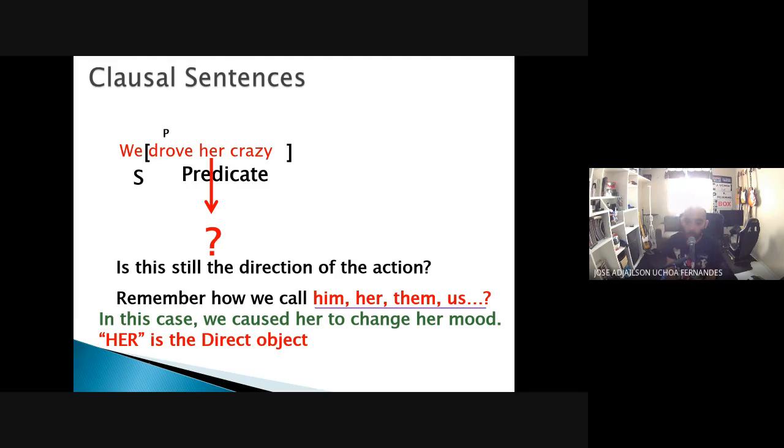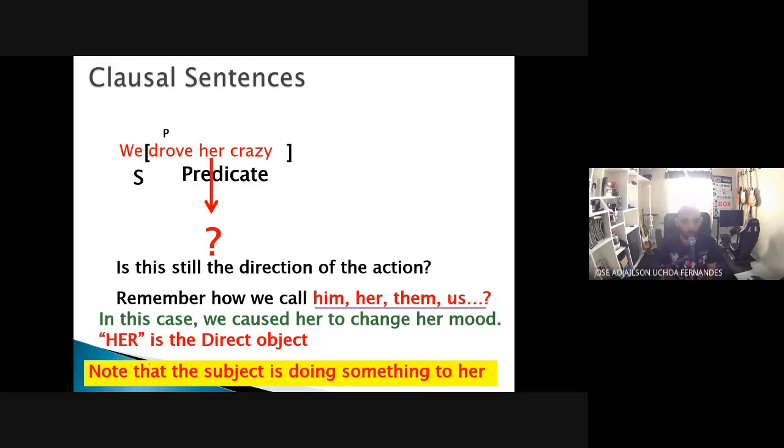Differently from I gave him a book, in which him is the direction of my giving of the book. In the second example, I caused her to get crazy. I caused her to change the mood. So this her entity is directly related to my action. Okay, it's the direct object.